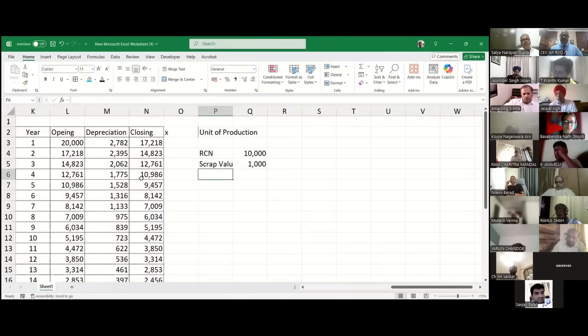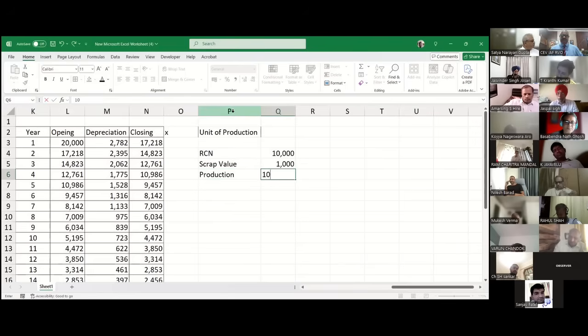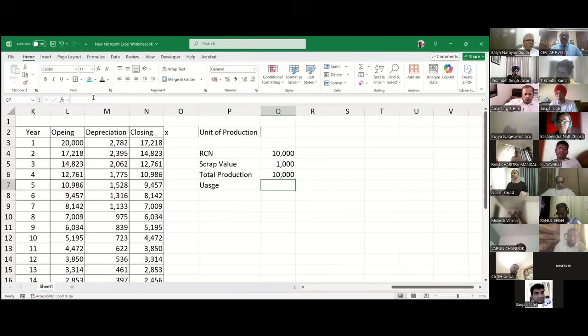Here instead of useful life, total number of production is given. Total number of production is 10,000. Out of 10,000, 2,000 is already used. Find the DRC.